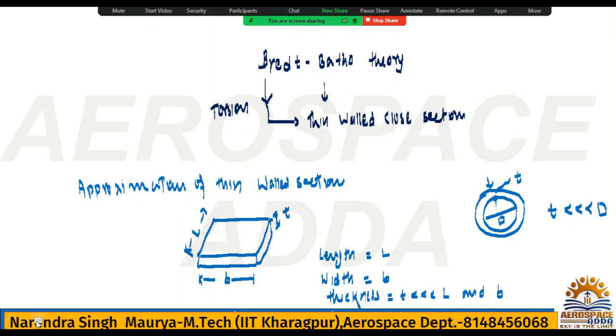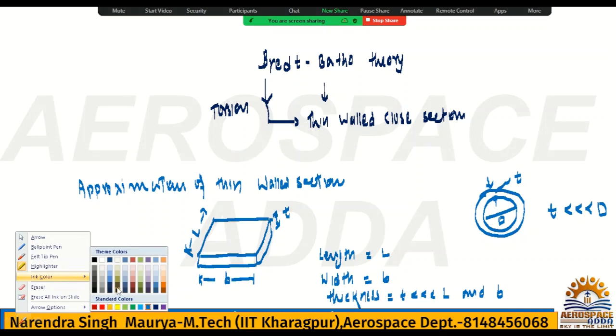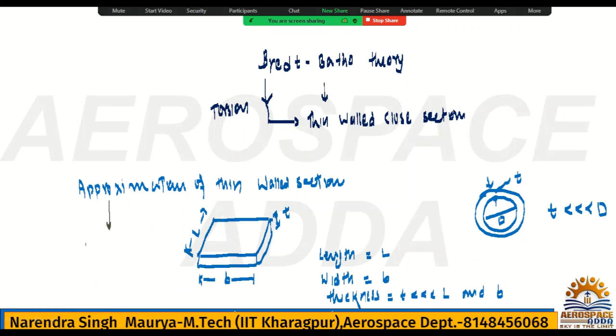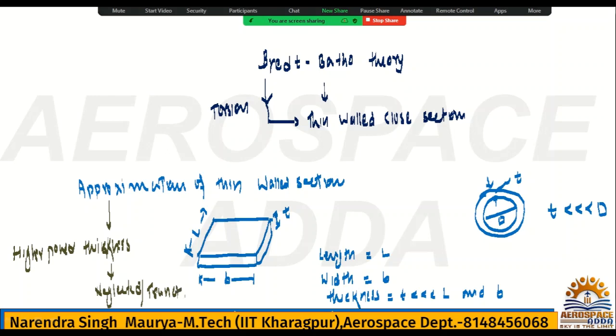So what is the approximation? The approximation is that the higher powers of thickness will be neglected or truncated in calculation.